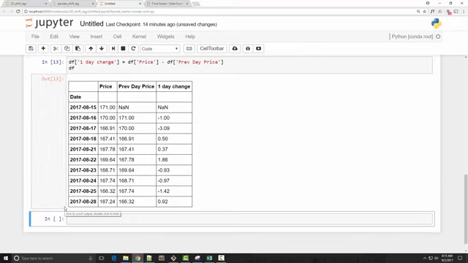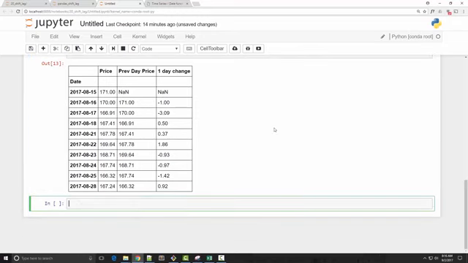Okay, now how about calculating 5-day return? So I want to look at the prices before 5 days and I want to calculate the percentage return. So I will say 5-day percentage return is equal to, you take your current price, which is df price, then you take the price before 5 days.